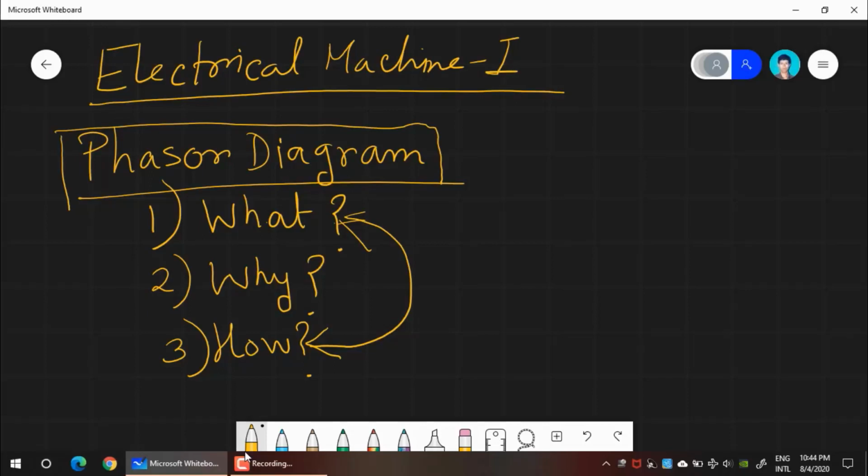Like, why should we go for network theory? We had mesh analysis and node analysis, and any type of circuit can be solved using those.